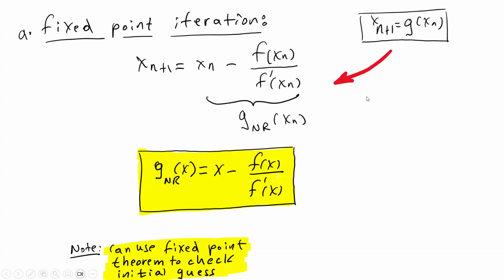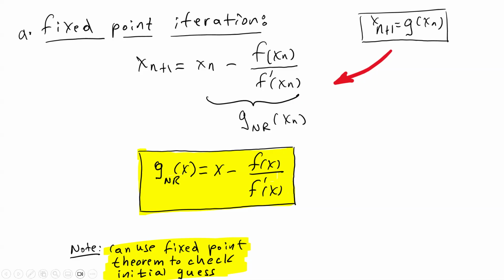As I mentioned before, Newton-Raphson is a fixed point method because its iteration formula can be written as x sub n plus 1 equals g of x sub n. By defining this g of x, each Newton-Raphson step becomes a fixed point iteration, and the roots of f of x correspond to the fixed points of g of x.